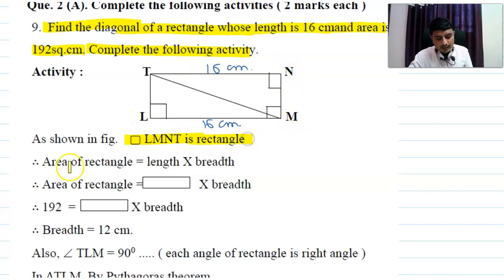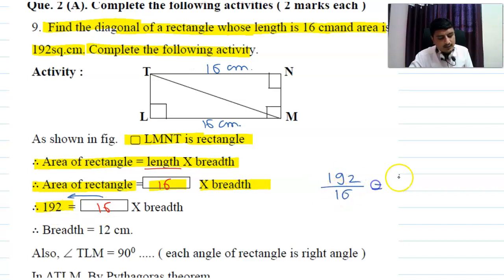LMNT is a rectangle. So area of rectangle is length into breadth. The given length of the rectangle is 16 centimeter, so 16 into breadth. The area of the rectangle is 192, so 192 equals 16 into breadth. To find the breadth, we shift the 16 from LHS to RHS, getting 192 divided by 16 equals the breadth of the rectangle. 192 divided by 16 is 12.